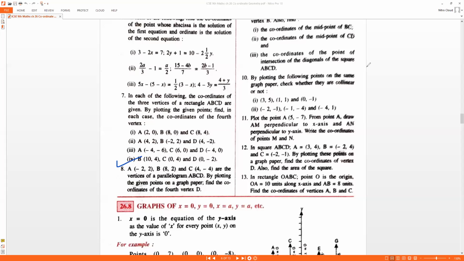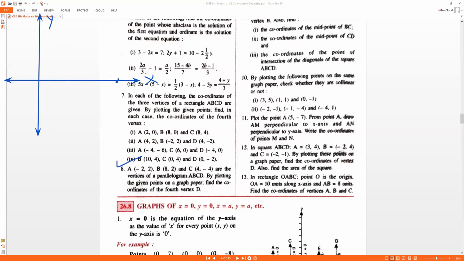Fourth one. D is -6, 4. See, B is 10, 4. So where is B? 10 on the x-axis, right?